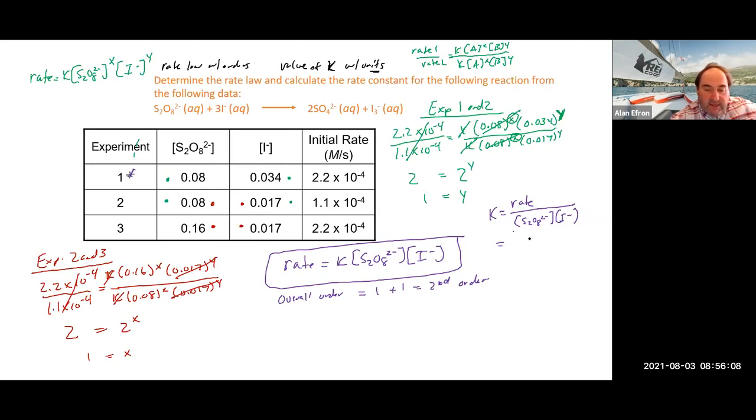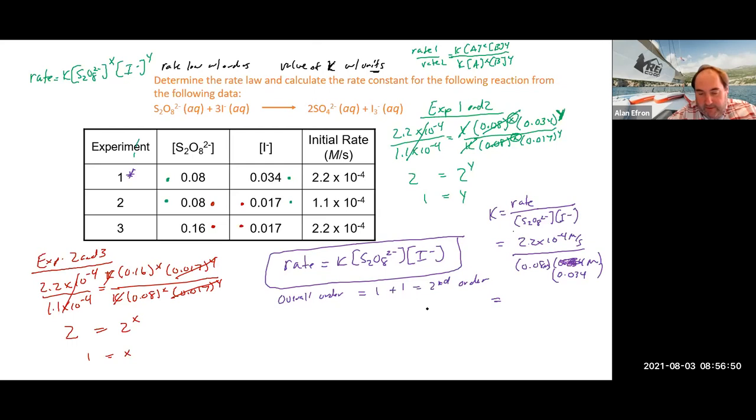That means we have 2.2 times 10 to the minus 4 molar per second divided by 0.08 molar and 0.034 molar. If we do that, we end up with 2.2 times 10 to the minus 4 divided by 0.08 and divided by 0.034.